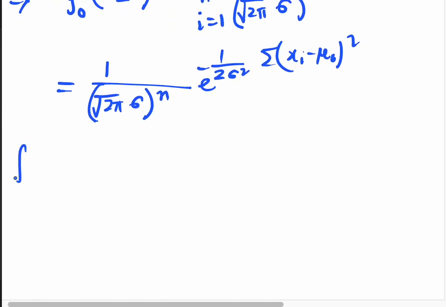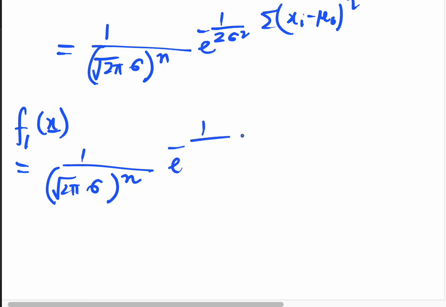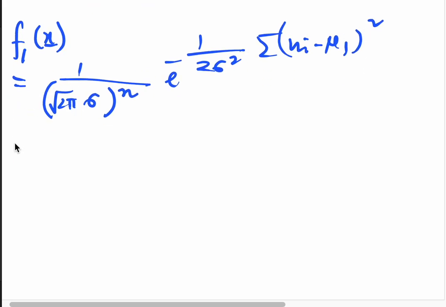Now let f1 of x, under the hypothesis that its mean is mu1 and standard deviation again sigma, simply become 1 by root 2 pi sigma to the power n e to the power minus 1 by 2 sigma square sum of (xi minus mu1) square.